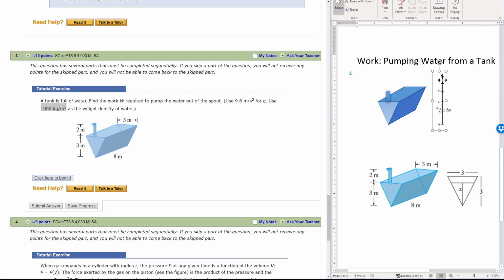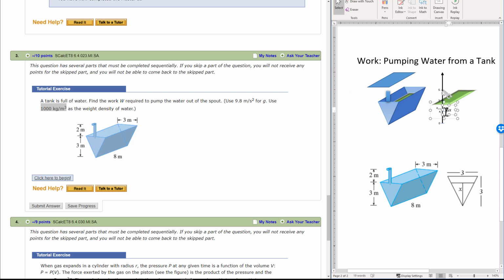What we're interested in doing is pumping the water out of the tank. So let's take a peek in here and get some water out. What we want to do is take a slab of water. A slab. What does that mean?